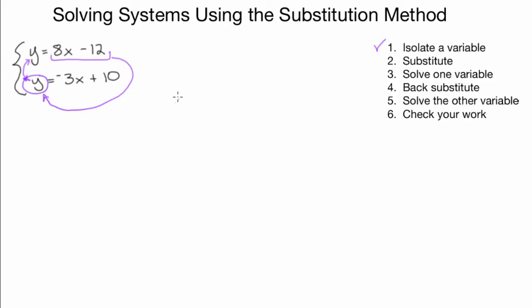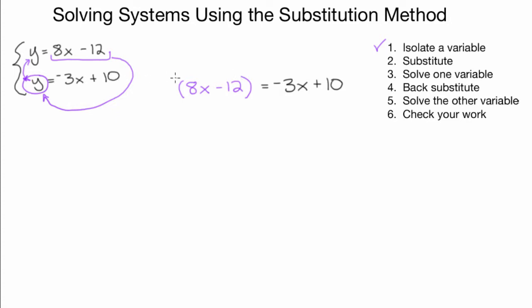And here's what we end up with. Instead of y equals negative 3x plus 10, I now have 8x minus 12 that I substituted in place of that y. And for the rest of the equation, I still have negative 3x plus 10.